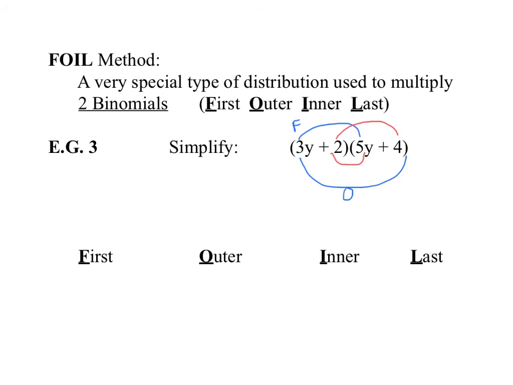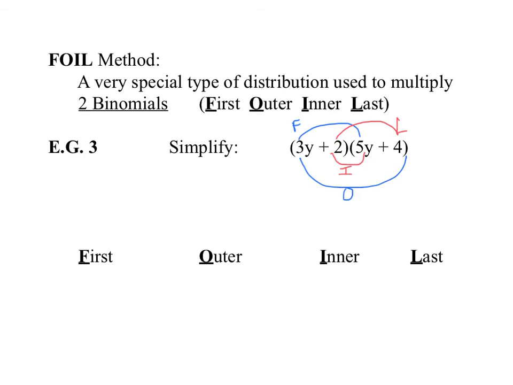The I is the opposite. It's the innermost values. So the 2 central values would be this pair right here, this 2 and this 5y, and that's what is represented by I for inner. And then last is referring to the last value in this parenthesis with the last value in that parenthesis.